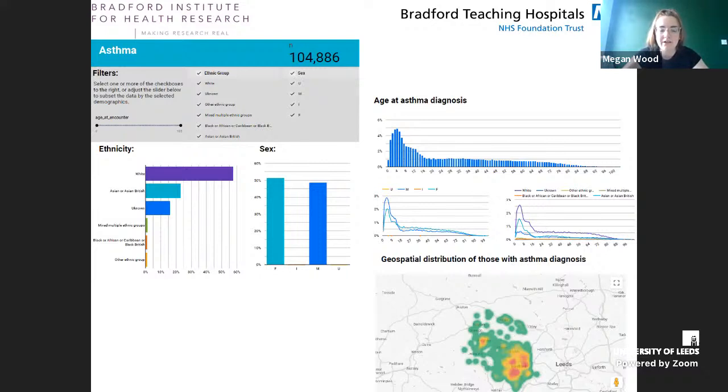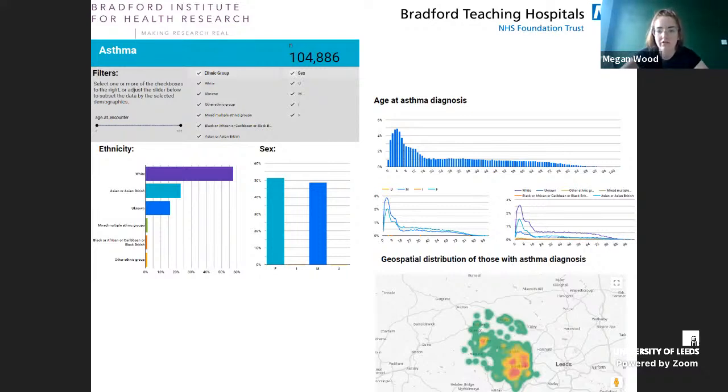And I don't know how well you can see on the board, but the chart underneath would suggest that although there are fewer individuals from ethnic minority groups, the diagnoses do occur around the same sort of time, so the same patterns seem to occur regardless of the ethnic group.